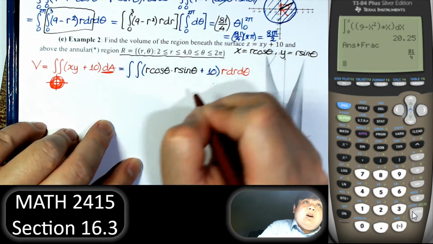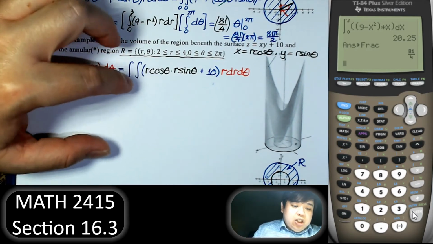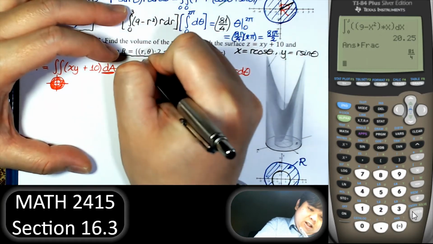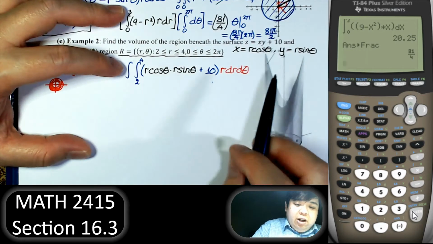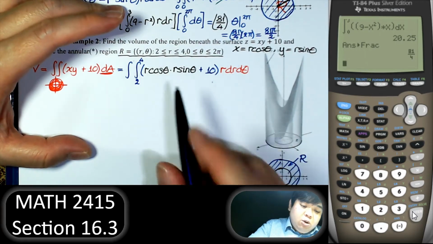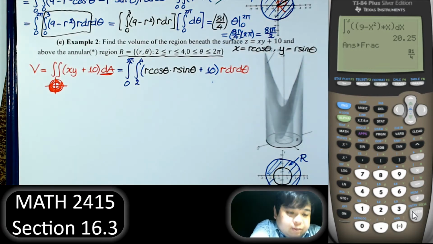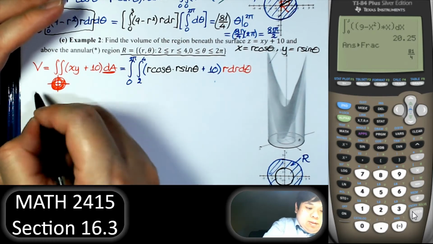Don't forget there's an r there. Limit for r is easy, 2 to 4. I can say r equal to 2 to r equal to 4, but 2 to 4 is good enough. For theta, 0 to 2 pi. Bad news is this one is not separable. We cannot do that.